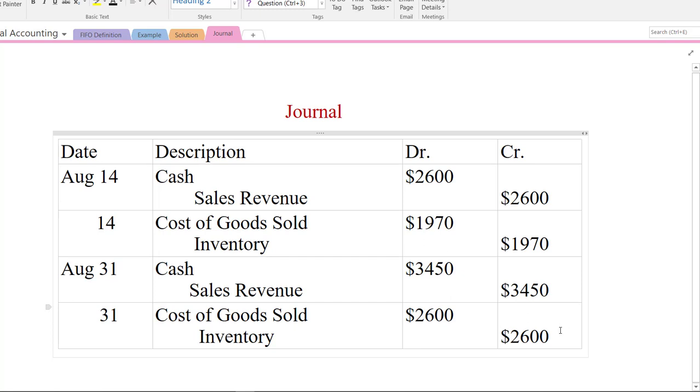Now students, this is the process of journalizing. I hope the concept of FIFO is clear to all of you, with preparing the schedule for it, and at the same time how we journalize it. Keep in mind that this journalizing is with the perpetual approach. It means on the date on which there is a sale, we journalize it as well.